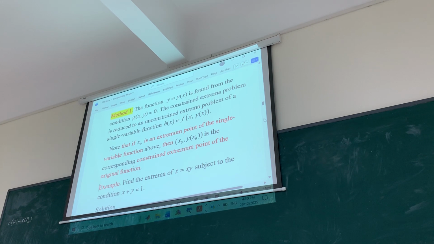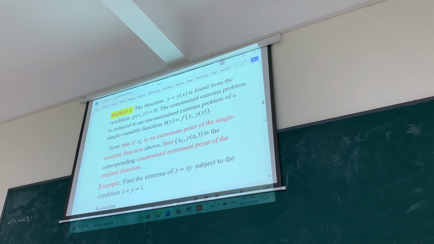Find extrema of the function g equals x times y, subject to the condition x plus y equals 1.